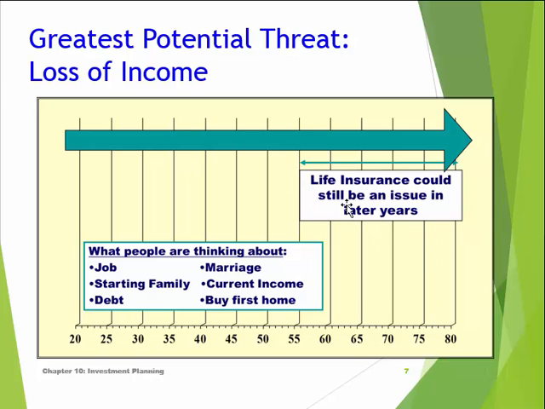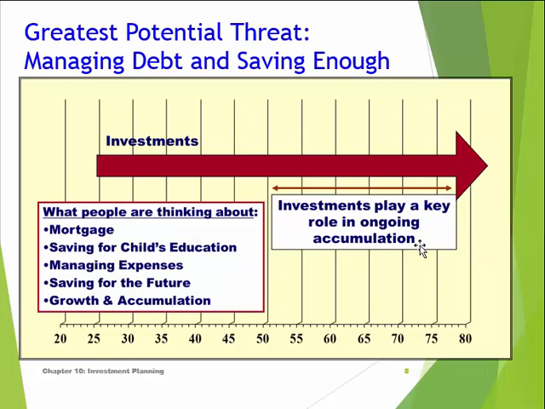Now, when we get to retirement, life insurance should not be the critical asset in our plan. It still could be important, but it doesn't necessarily need to be the most critical component. And certainly, we shouldn't put all of our eggs in the life insurance basket.